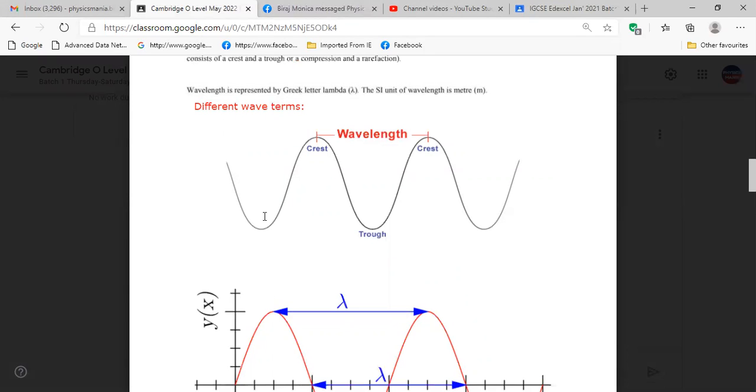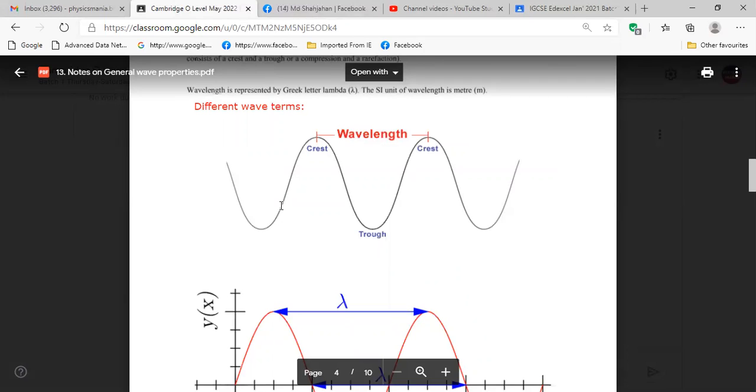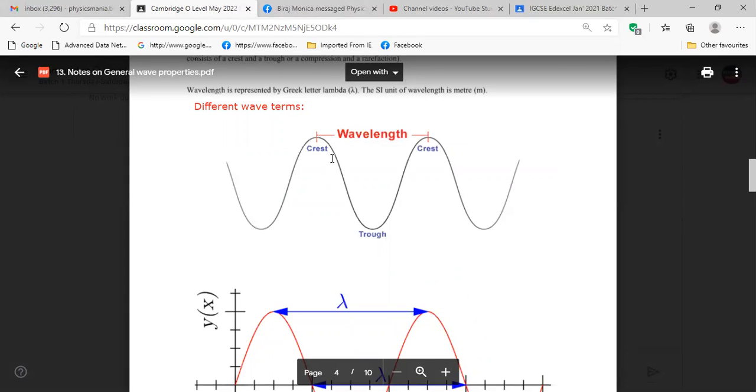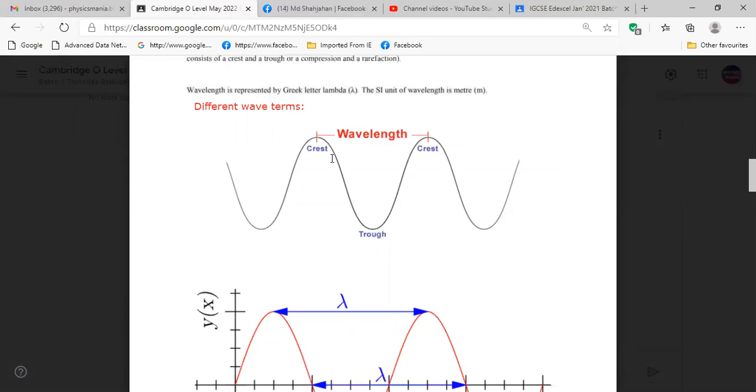In this wave we have the crest. Crest means the upper peak of a wave, and trough means the lower peak of a wave. Is it clear? Yes, sir. The pronunciation is trough.